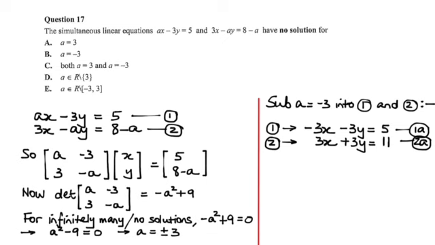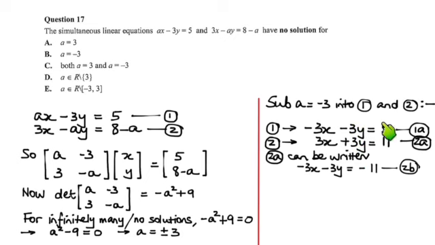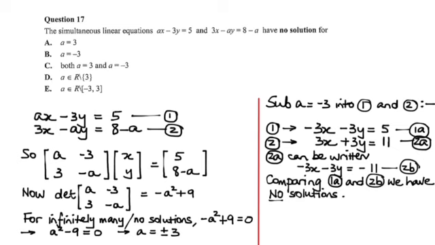Now this is very interesting because I can see that's a no solution situation, because if you rewrite 2a by multiplying both sides by minus 1, you get equation 2b, which is exactly the same as 1a, except this number on the right hand side is different. So the gradient, the ratio of x to y, is exactly the same in both cases, but this number is different, which means the y-intercept is different. Same gradient, different y-intercept, therefore no solutions.